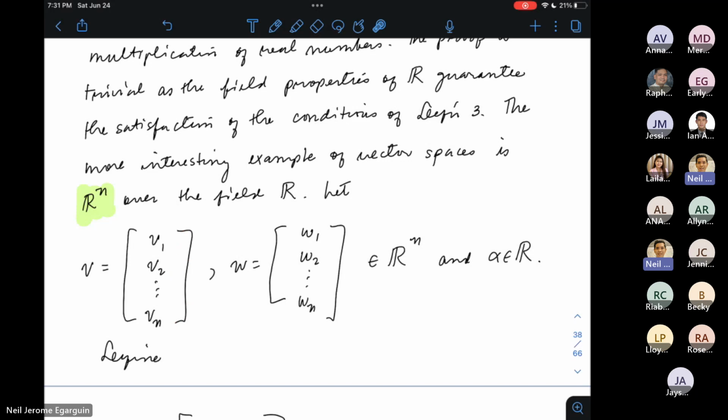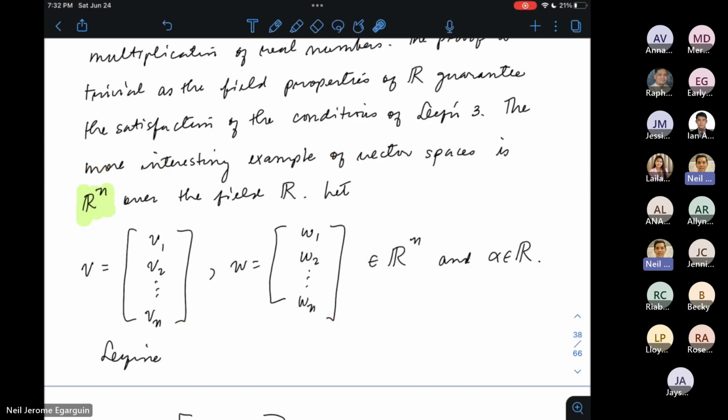Tapos si W, n tuple din siya ng mga real numbers, W1, W2 until Wn. So yung vector space Rn over the field R. So ito yung ating non-empty set V, ito yung ating field R. So real numbers yung field. Ang non-empty set V natin ay R to the n, which consists of n tuples of real numbers.